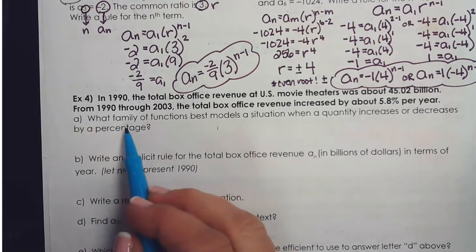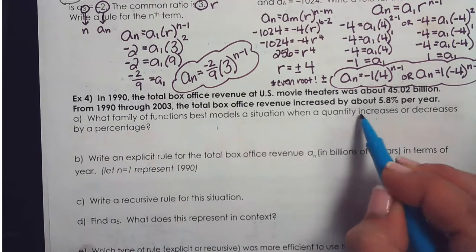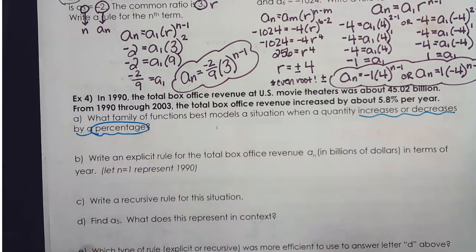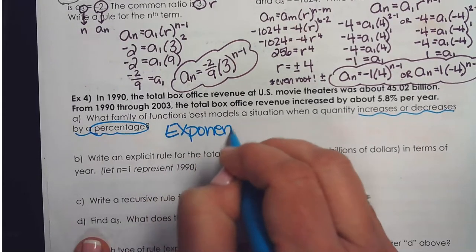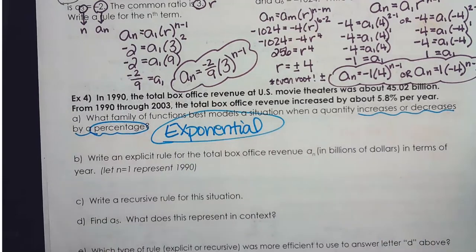What family of functions best models a situation when a quantity increases or decreases by a percentage? And that is exponential. So when something increases or decreases by a percentage, that means we should use something exponential.